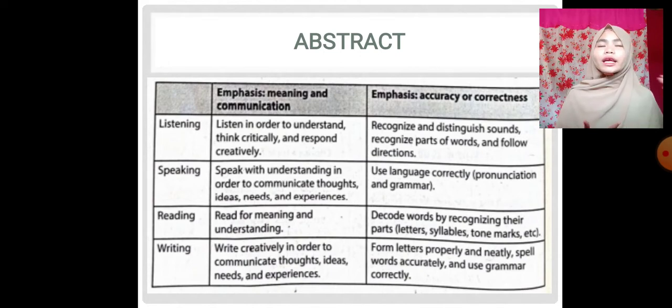So in listening to someone, we will be able to make a creative response, recognize and distinguish sounds, recognize parts of words, and follow directions. So in listening, there are directions so that we can follow them correctly and recognize the sound without misinterpreting someone's emotions or anything else.